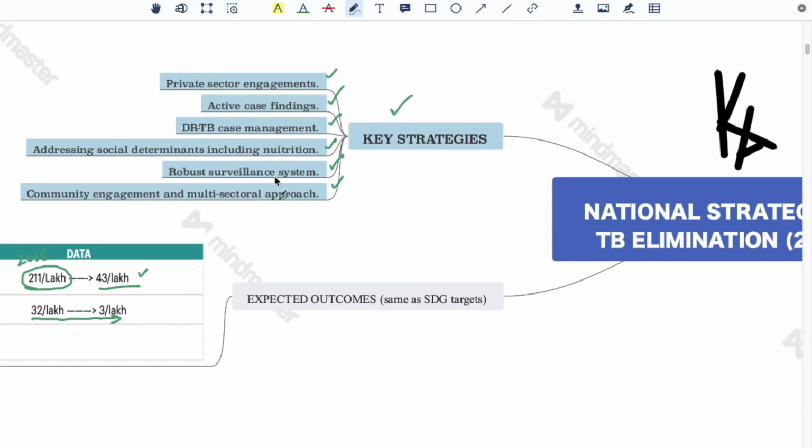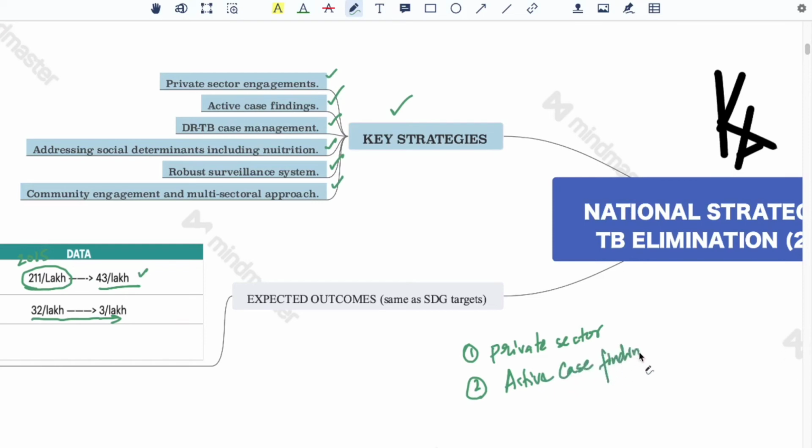Under the NSP, there are some priority areas that have been defined. In that also, there is private sector engagement, and active case finding among the vulnerable population, the socially vulnerable and the clinically high-risk population. So, active case finding among the key vulnerable population.